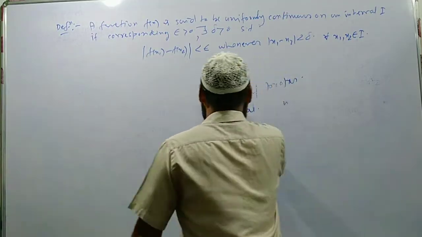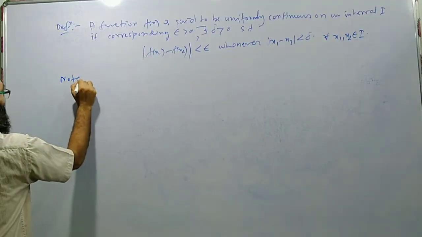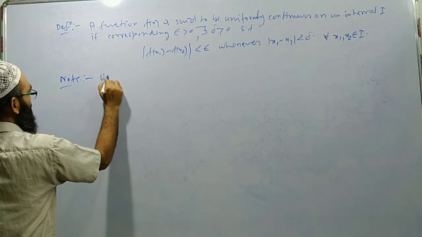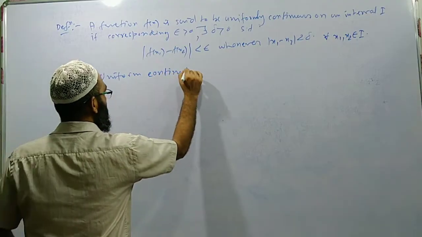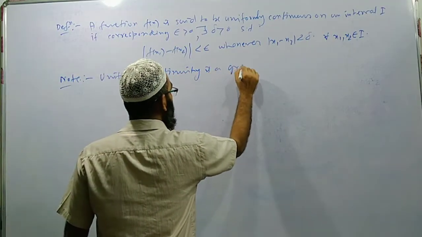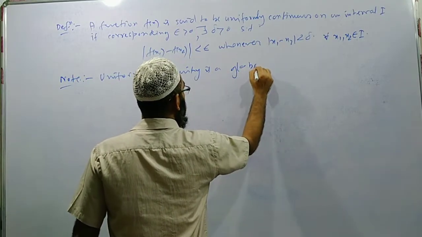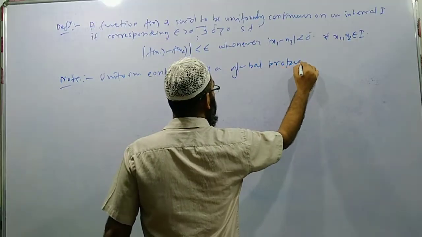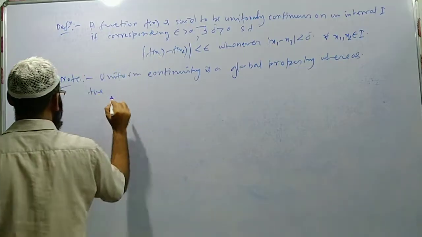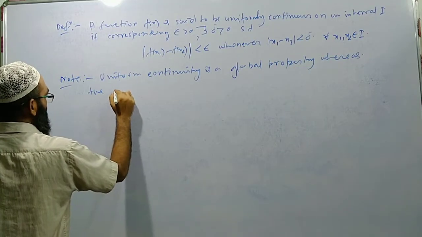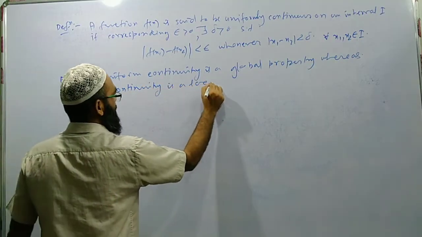So note it that uniform continuity is a global property, whereas continuity is a local property.